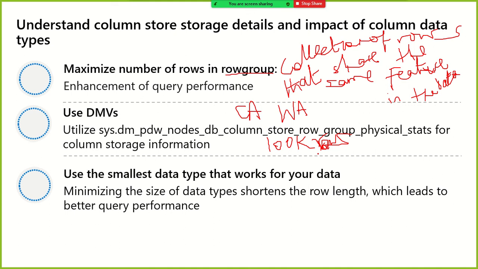Number two is to use the dynamic materialized view. Dynamic materialized view will also help us, and we can utilize this. This is system.dm_pdw_nodes_db_column_store_row_group_physical_stats for column storage information.